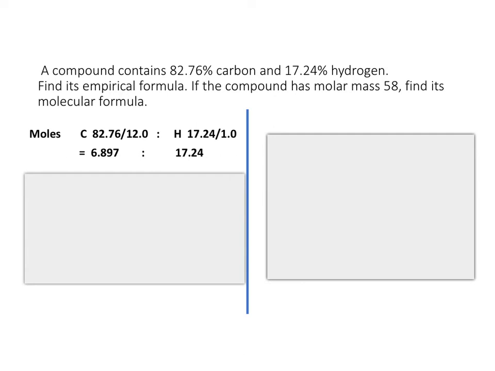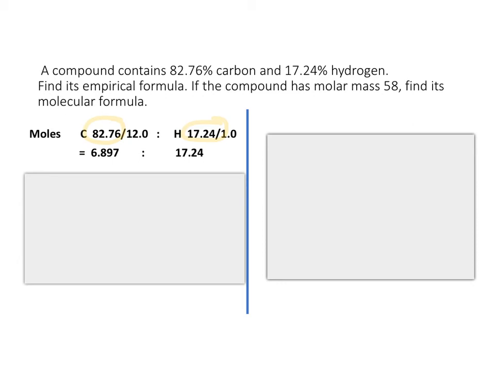We can't compare percentages, so we're going to pretend that if we had 100 grams of this compound, 82.76 grams would be carbon and 17.24 grams would be hydrogen. And when we do that, we can therefore find the moles. So for the moles of carbon, we divide 82.76 by 12, and for hydrogen by 1, because those are their molar masses. That gives us 6.897 to 17.24.